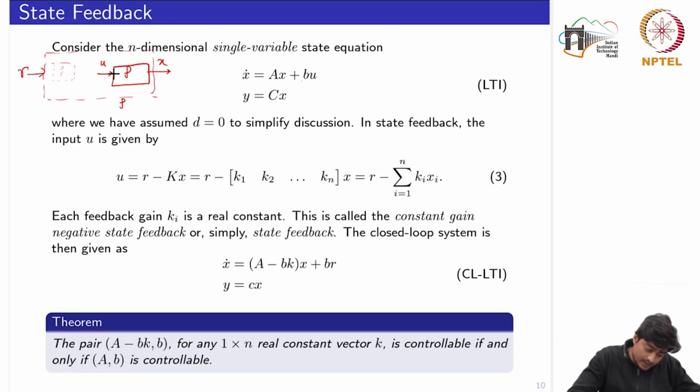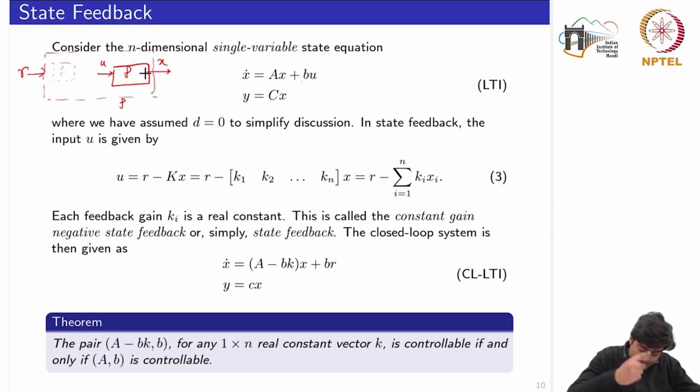See how we have computed the signal u. The u is computed by this formula r minus Kx. So if u cannot steer the trajectory of x from, let's say, x of t1 to x of t2, then r can never.